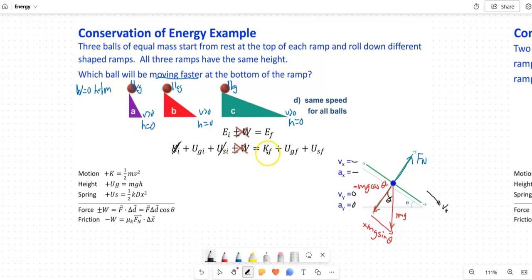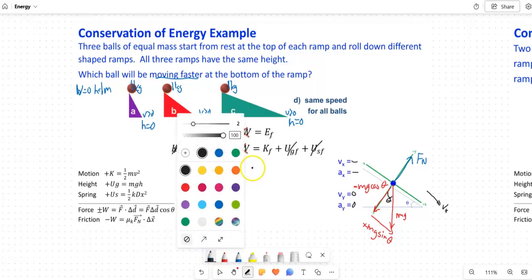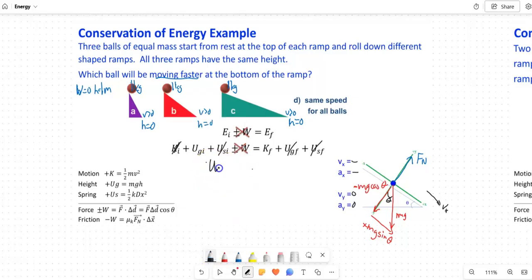Is it moving right before, at the bottom of the ramp? Yes. Is its height greater than 0? No. Is there a spring touching that is compressed or stretched? No. So the initial energy is U sub gi. The final energy is kinetic energy final.